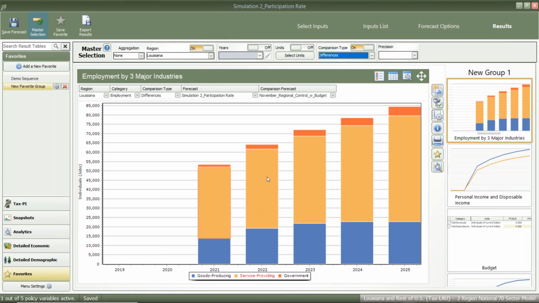With the participation rate growing, more jobs are created in each industry. Especially for the service providing sector, we see a huge growth. And we can also see the other industries steadily growing over the 5 years.